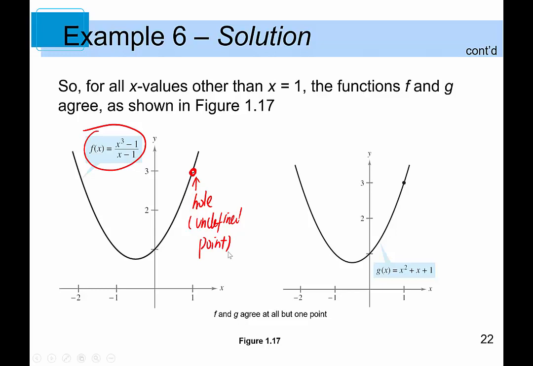But x squared plus x plus 1 is defined everywhere. So the only difference is at this point, as you can see. This one is a hole, this one is a solid dot, right? So these two functions are equivalent except at x equals 1. So they have the same limit when x approaches 1.